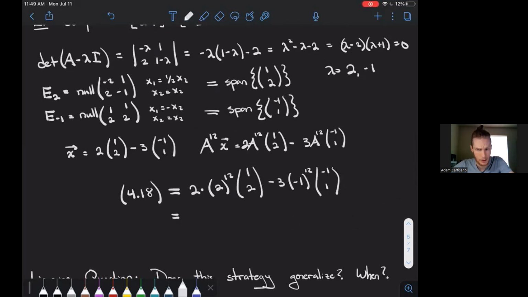We have to use the correct lambda. Okay. 2 times 2 to the 12th is 2 to the 13th. 1024 is 2 to the 10th, so 2048, 4096 is the 12th, and so the 13th is 8192.